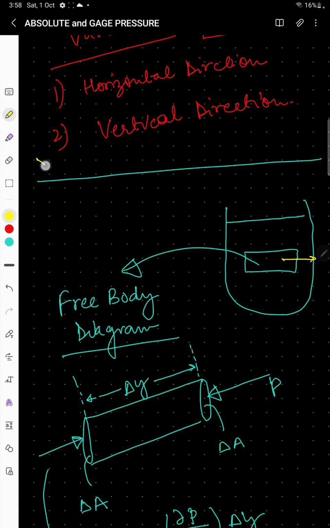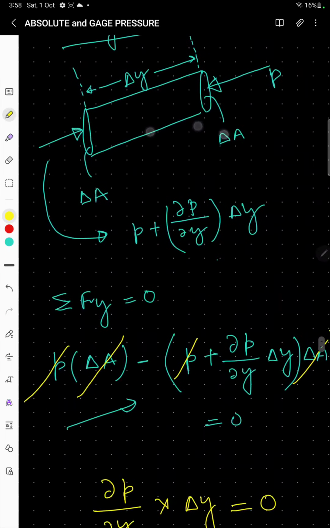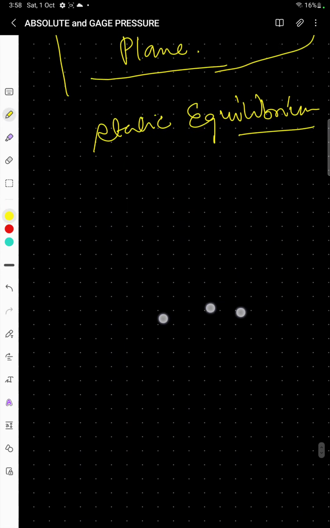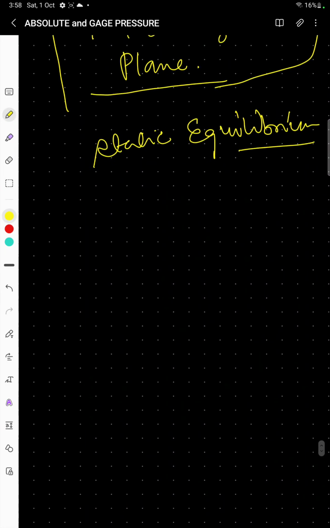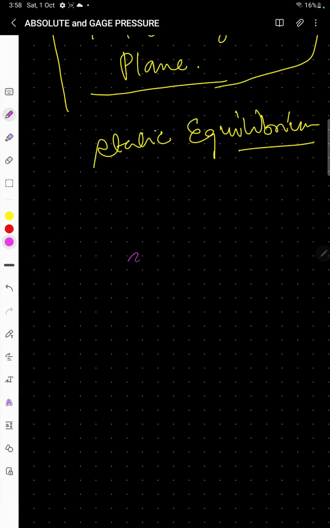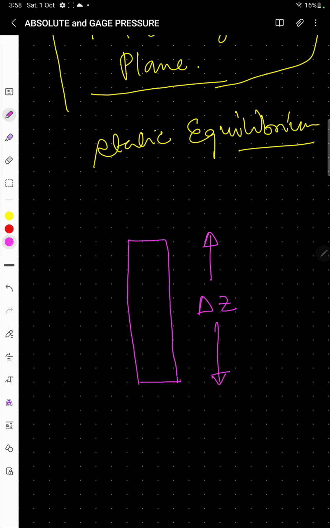Now we'll take the second case, when you are moving in the vertical direction. Let's first of all draw the free body diagram for any fluid element we are taking. We are again taking a water element, such that this has a very small length, and this is having a length of delta z.